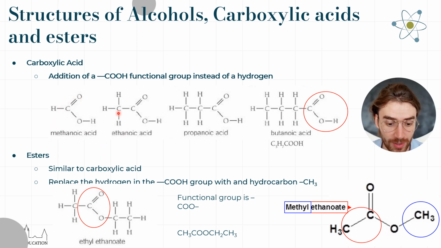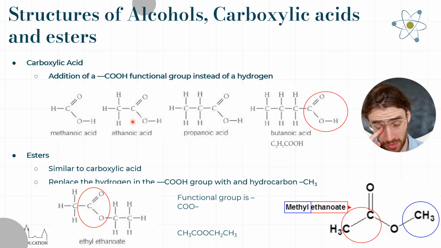If we have something like methanoic acid, then there is only one carbon. If we have ethanoic acid, then one of these carbons is going to have that double bonded oxygen and a single bonded OH group. But notice that that carbon still has a full amount of bonds: it's still going to have 4 bonds, meaning it has its full outer shell.